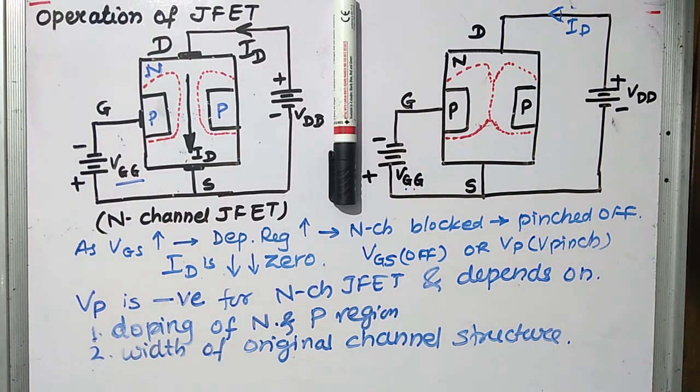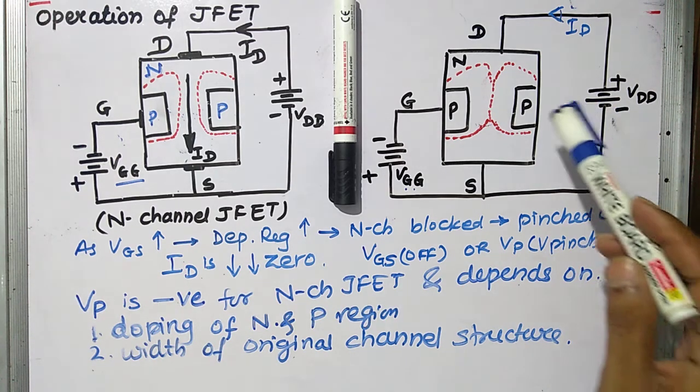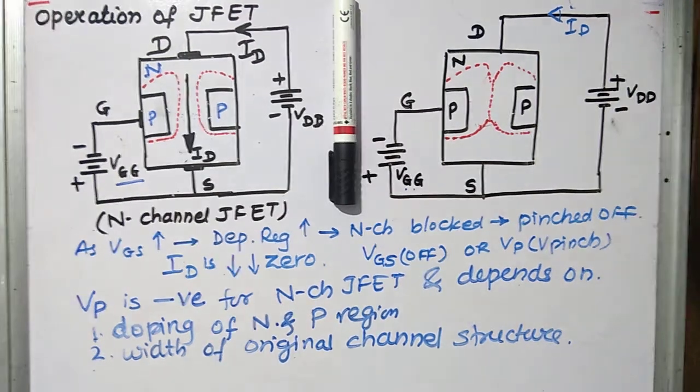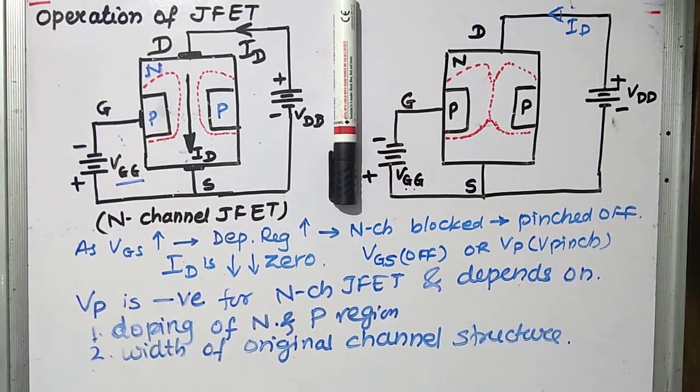So in this way we control the flow of drain current through this channel, and this is how the JFET is operated. So once again I would summarize the whole process.